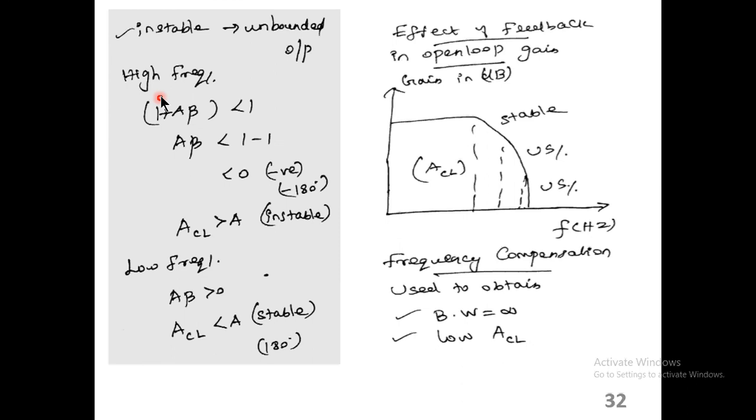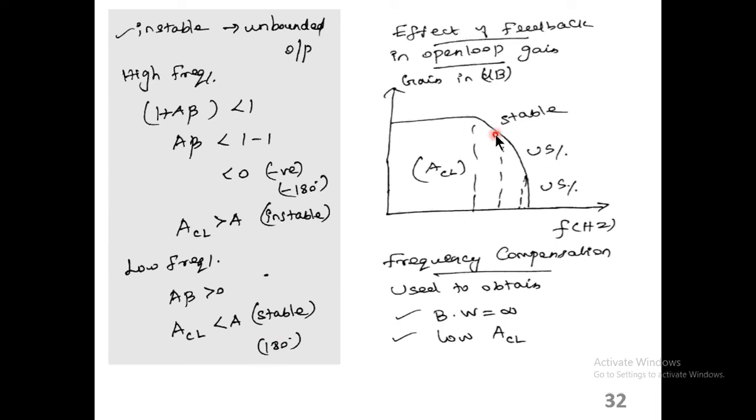At high frequency, the circuit will be in an unstable condition: A beta is less than 0 at minus 180 degrees, and the closed loop gain is greater than A, so it is unstable. At low frequency, A beta is greater than 0 and the closed loop gain is less than A, so it is in a stable condition.